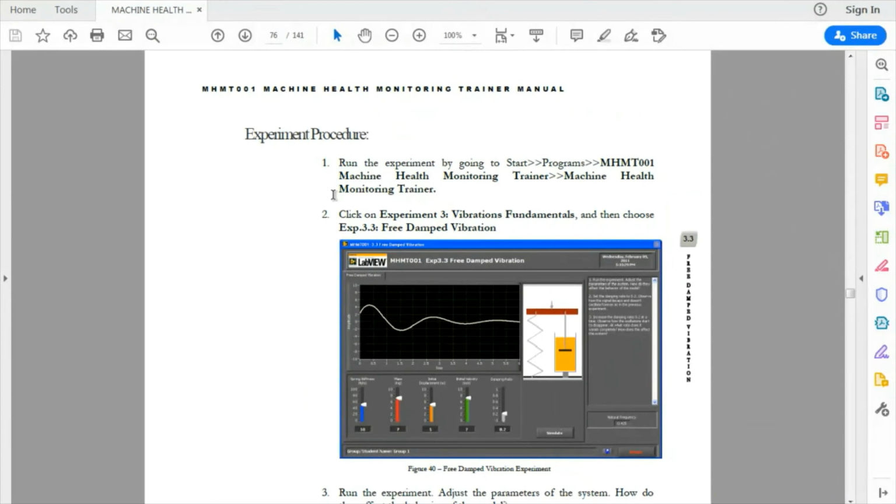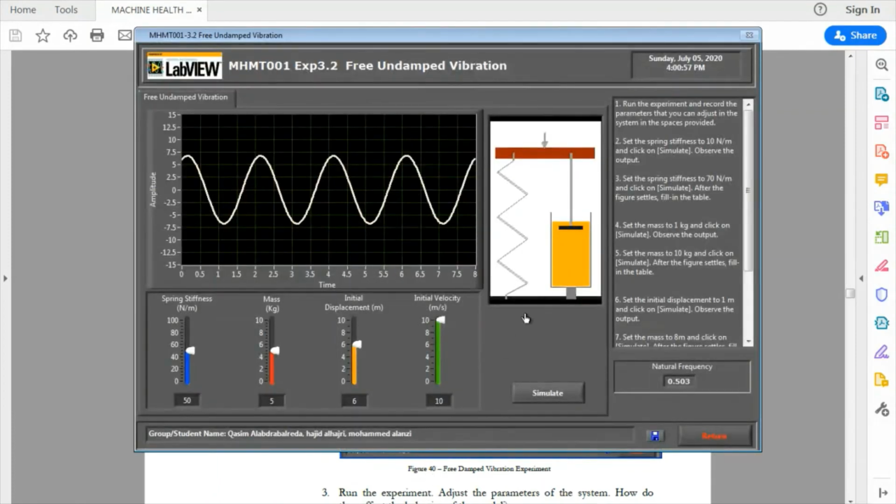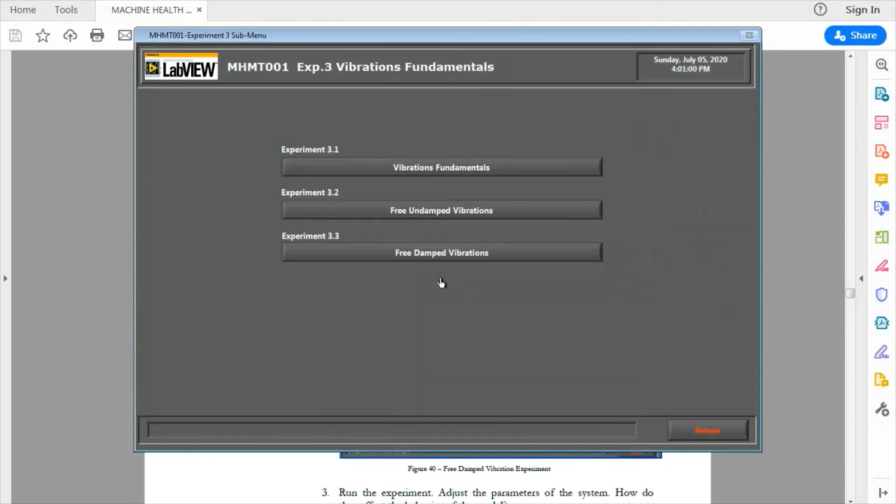For the experiment, the same thing. If we open the software, we can go to the third section, free damped vibration. It's basically the same screen. This is section 3.3, free damped vibration, and click this.